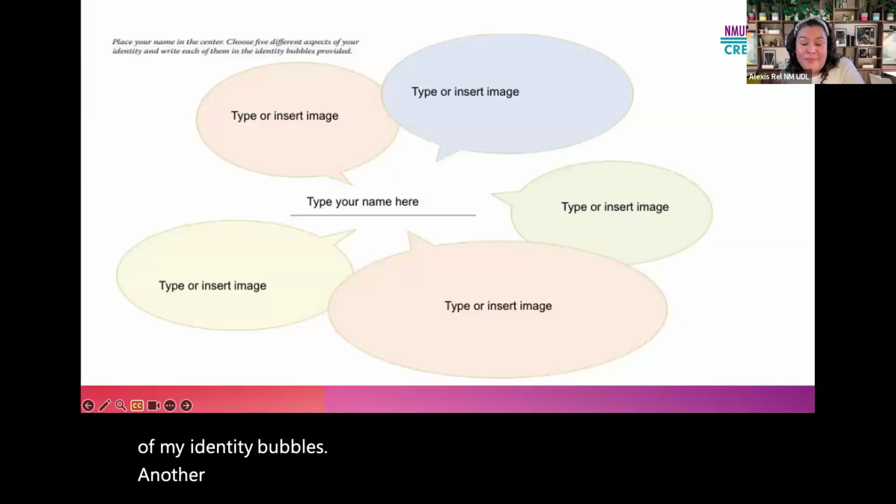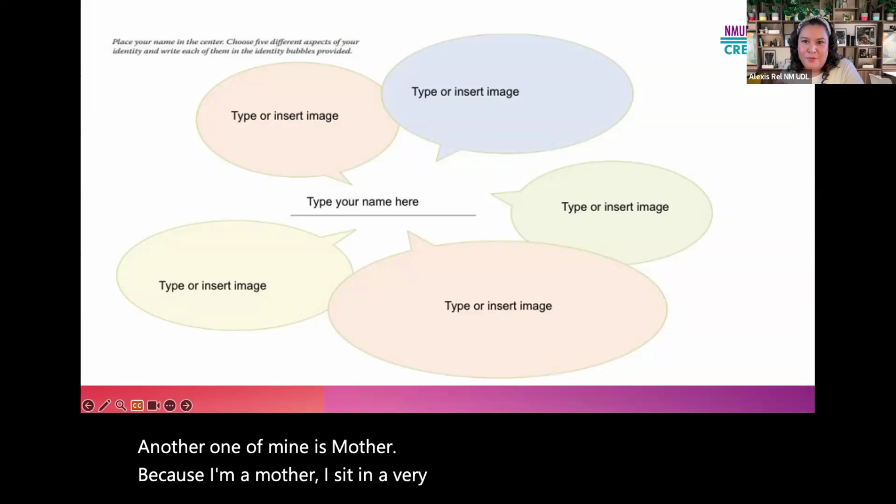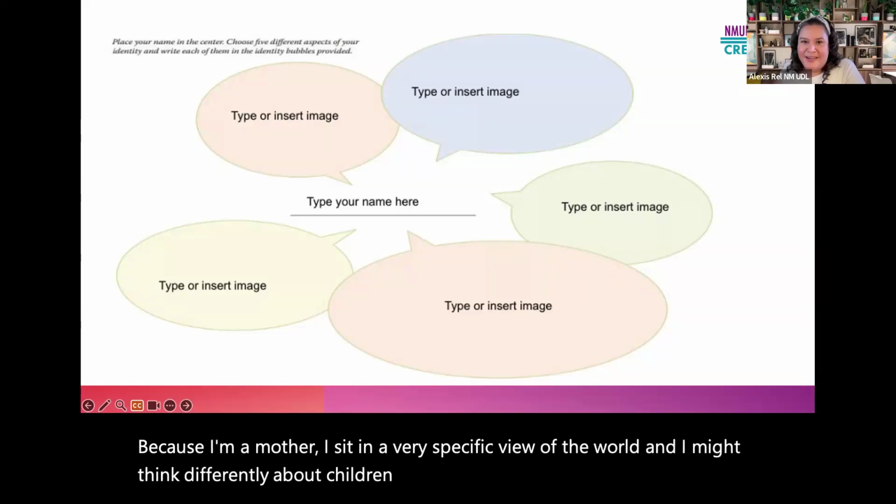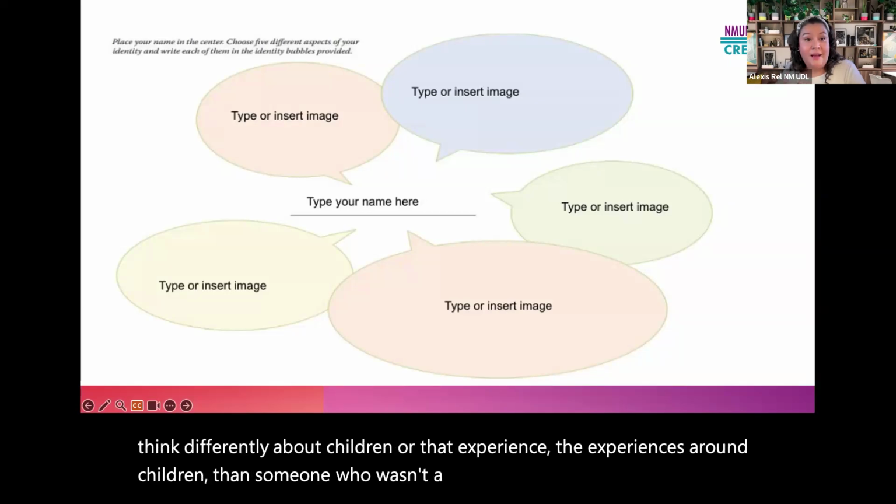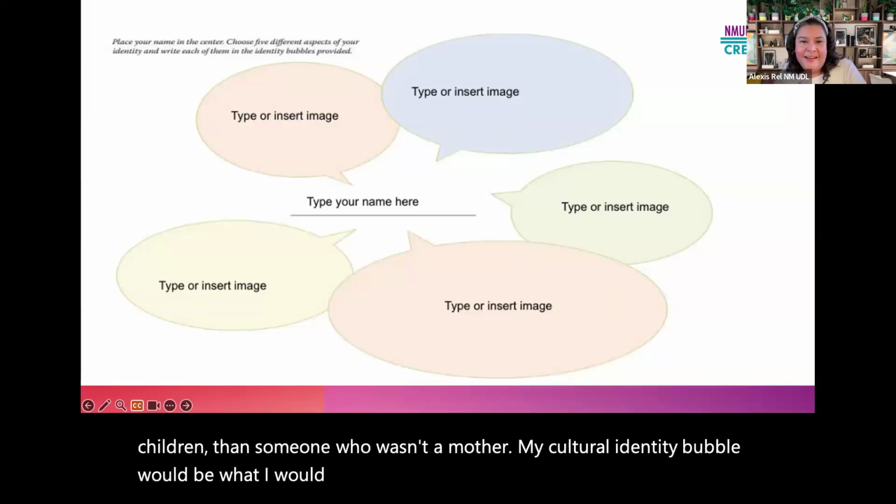Another one of mine is mother. Because I'm a mother, I sit in a very specific view of the world, and I might think differently about children, or the experiences around children, than someone who wasn't a mother. My cultural identity bubble would be what I would call Chicana.